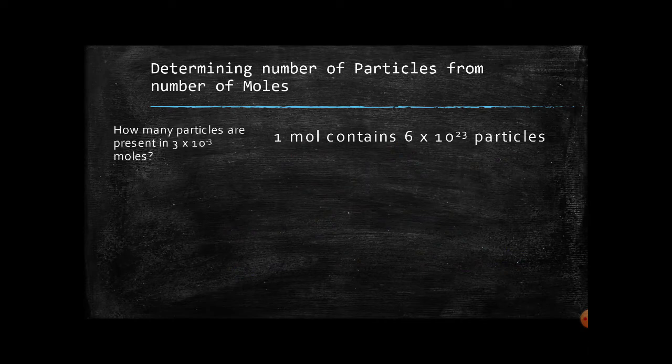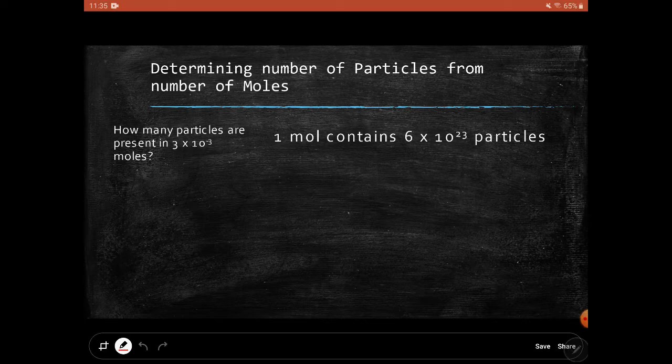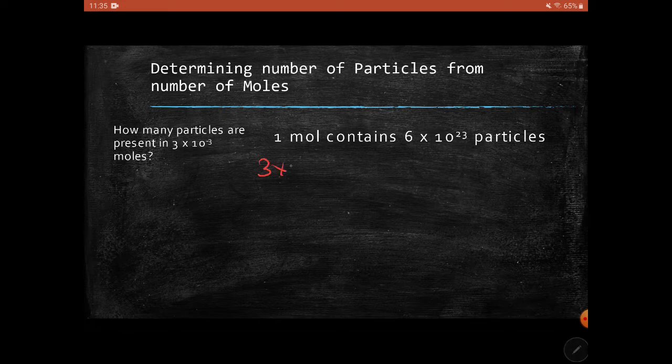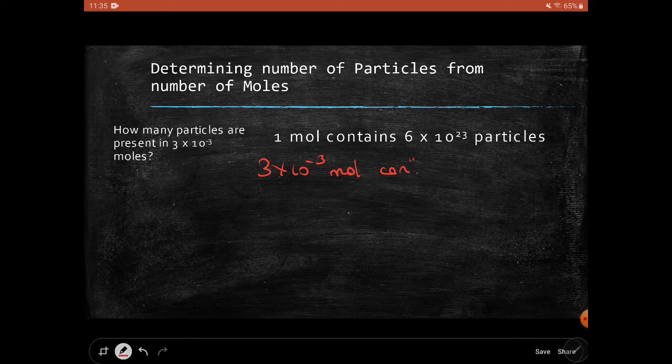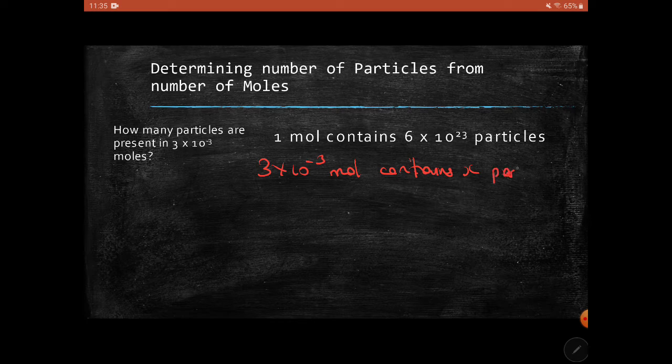Let's do a second example. This question says how many particles are present in 3 times 10 to the negative 3 moles. We know how many moles are present, so we'll start by writing 3 times 10 to the negative 3 moles contains x particles.